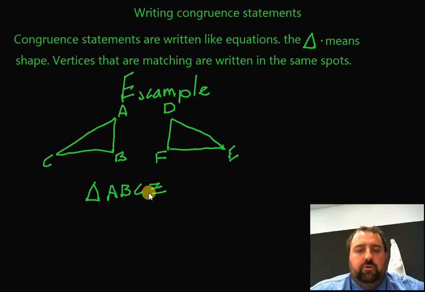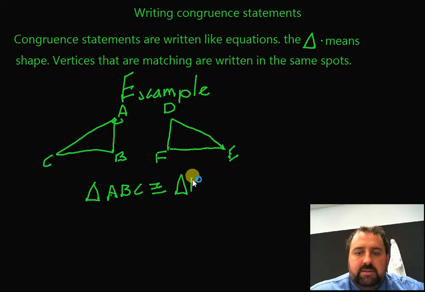So is congruent to, and then, now here's the thing, when I write shape DEF, the first letter has to be the matching corner for corner A, okay? So whatever corner matches corner A, I'm going to write first. So in this case, corner D is the one that matches up with corner A.